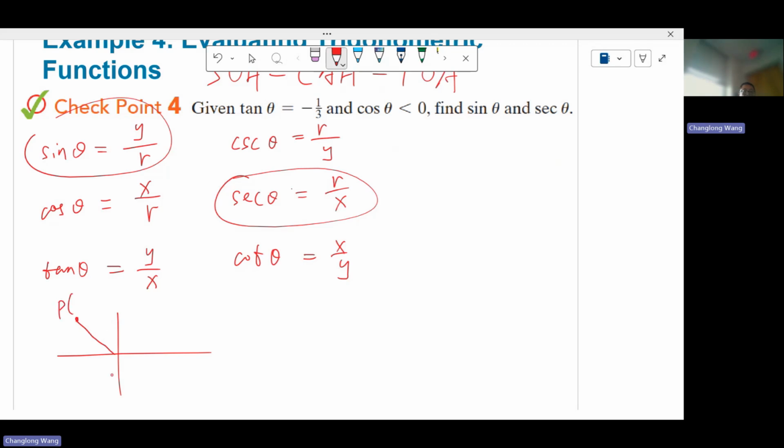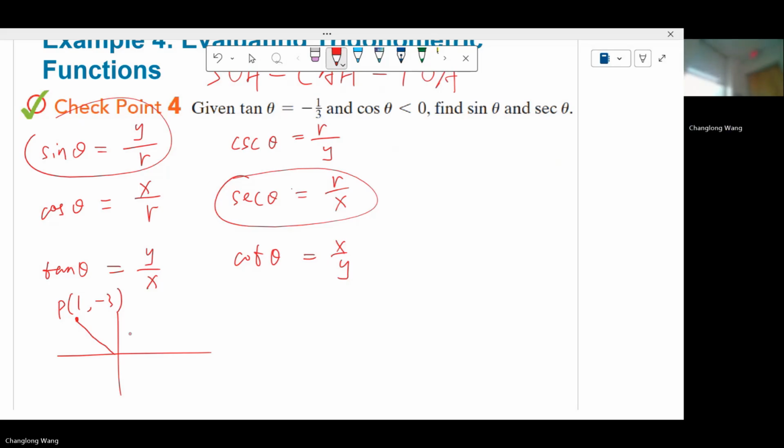And he said, how do I get negative 1/3? Well, tangent is y over x. So I'm going to need a negative x for the positive y, so it better be 1 comma negative 3. Does it make sense? Am I doing this right?